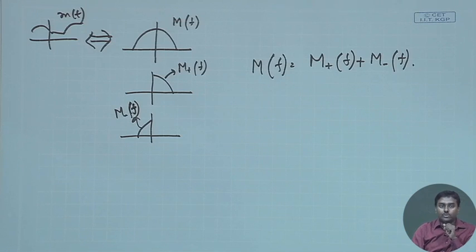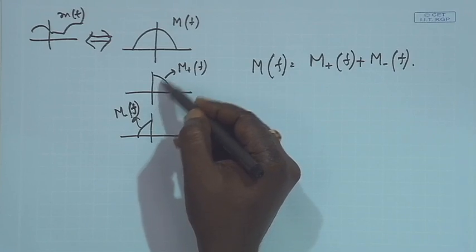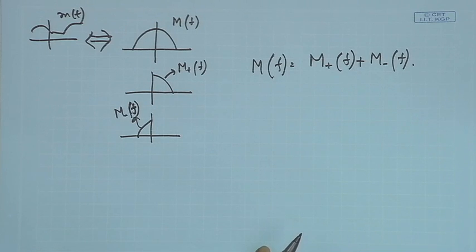Now if I wish to go from DSB to a bandwidth efficient one, which is generally originally called SSB-SC, that means single sideband suppressed carrier, what I try to do is, because I know one of them is actually giving me the information, I wish to keep only one of them.